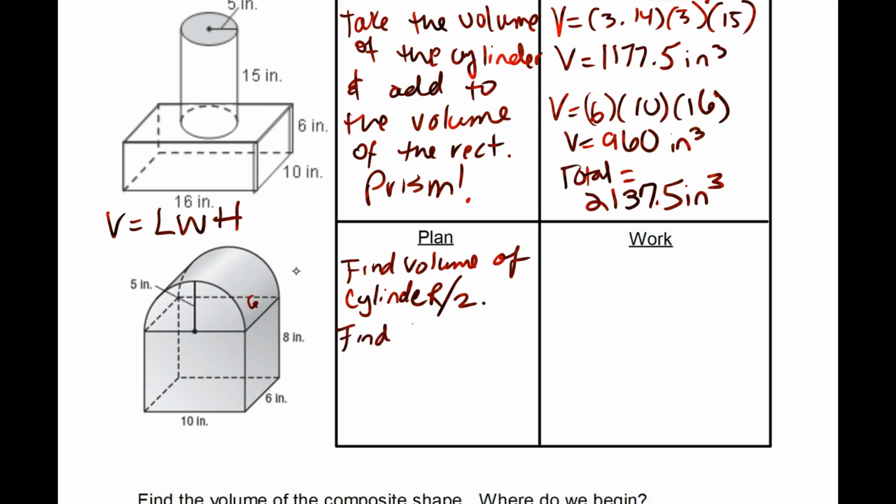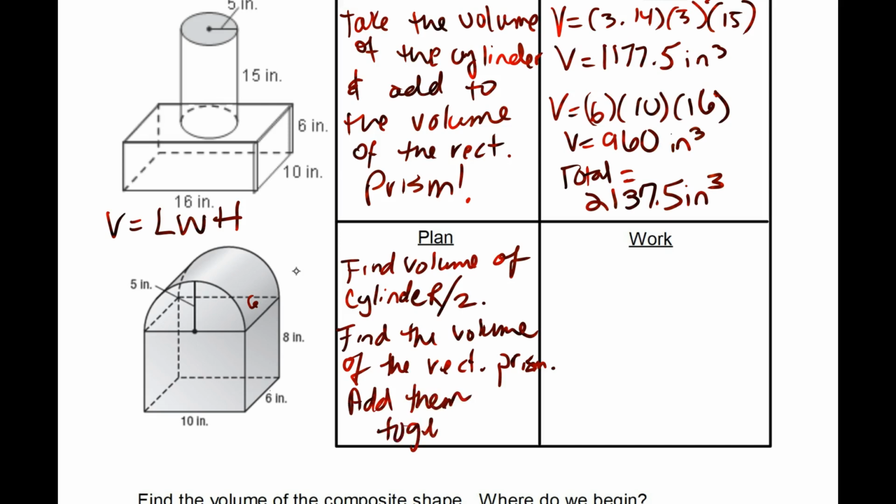Then find the volume of the rectangular prism, and then add them together. Sounds like a plan, people.